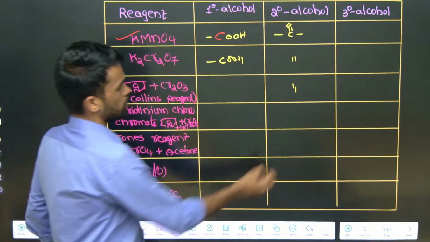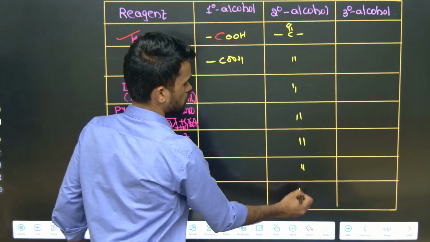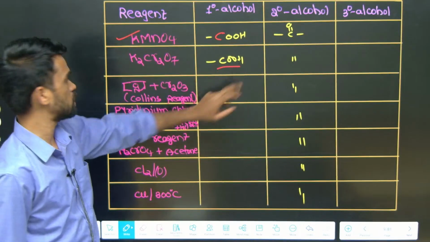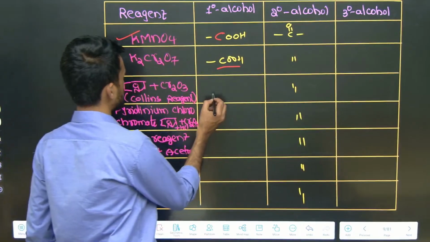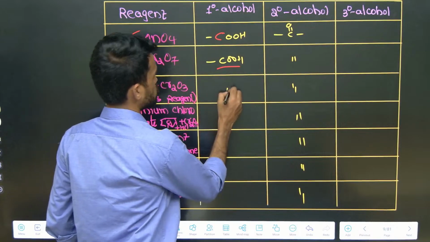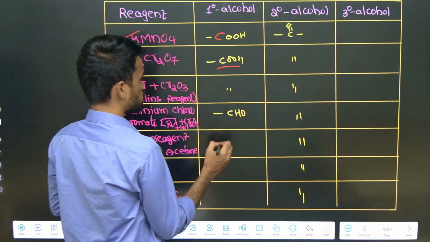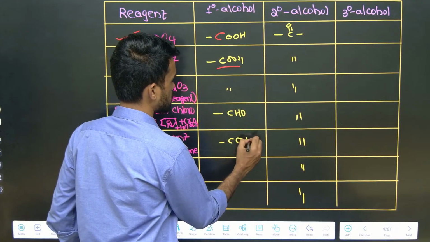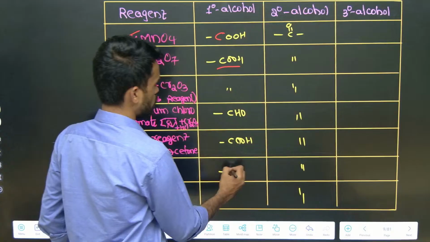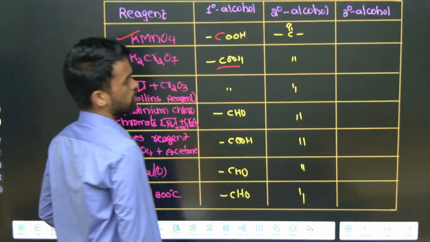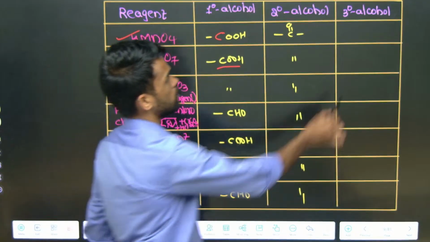So ketone, ketone, ketone, ketone. K2Cr2O7 gives carboxylic acid, while pyridinium chlorochromate gives aldehyde. Jones reagent again gives carboxylic acid, and Cl2 gives aldehyde, and copper metal again gives aldehyde. Okay, right. When it comes to tertiary, it won't react.